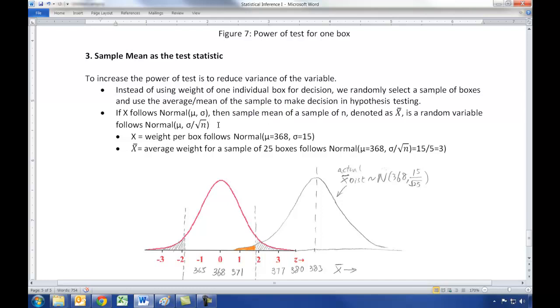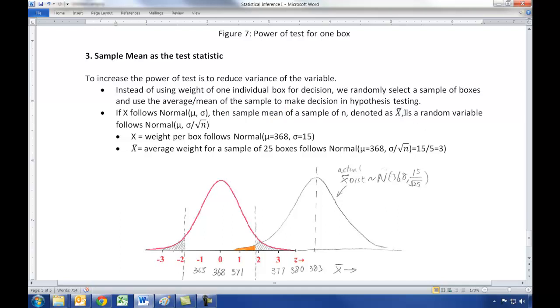And we're doing this by taking advantage of this statistical law, which is: if x, the variable, follows a normal distribution with the mean equal to mu and standard deviation equal to sigma, then the sample mean coming from a sample of size n, namely each sample we make n independent observations, and we denote the sample mean as x bar. This is pronounced x bar.